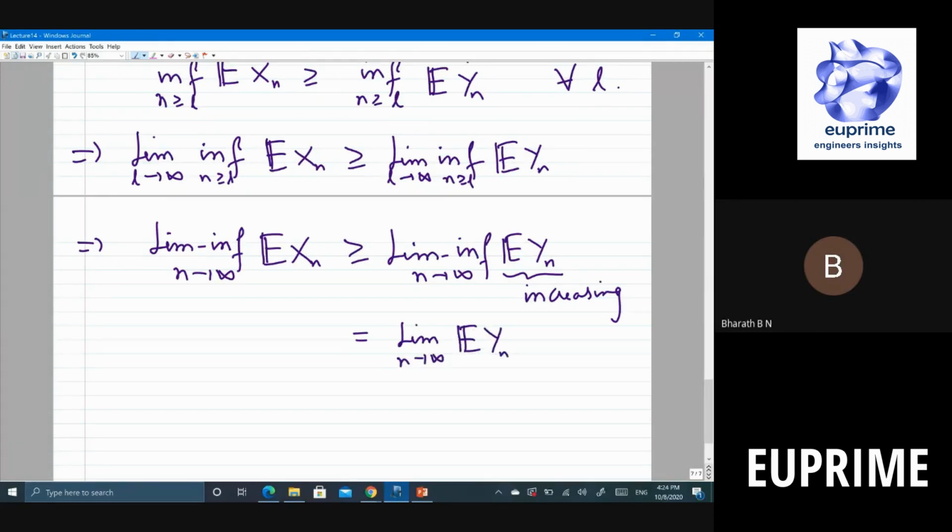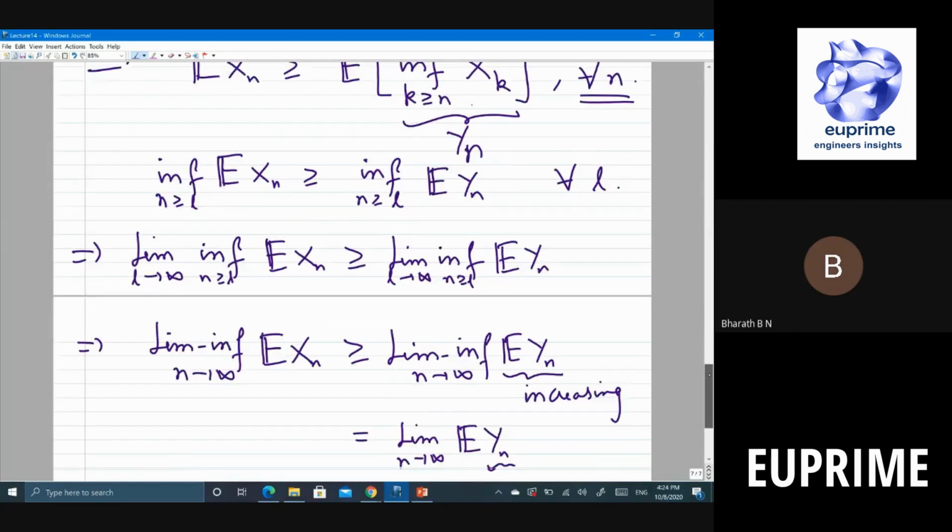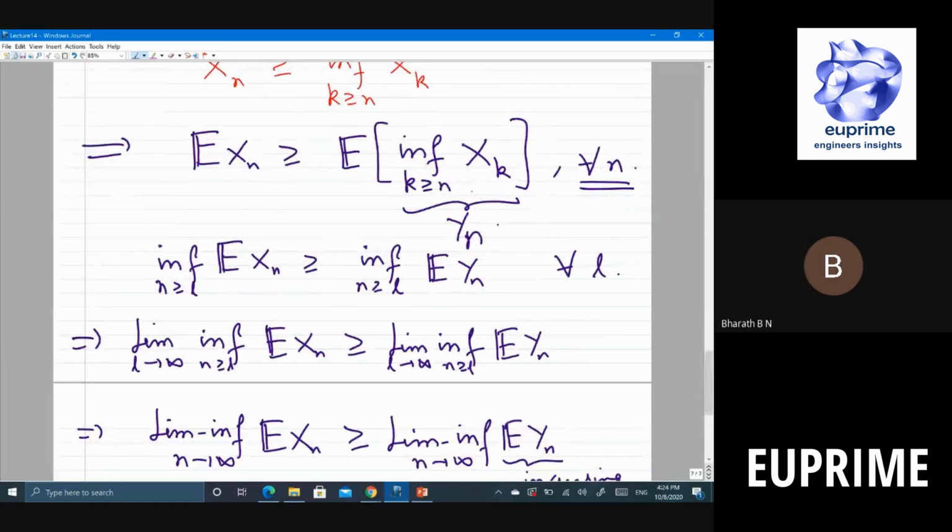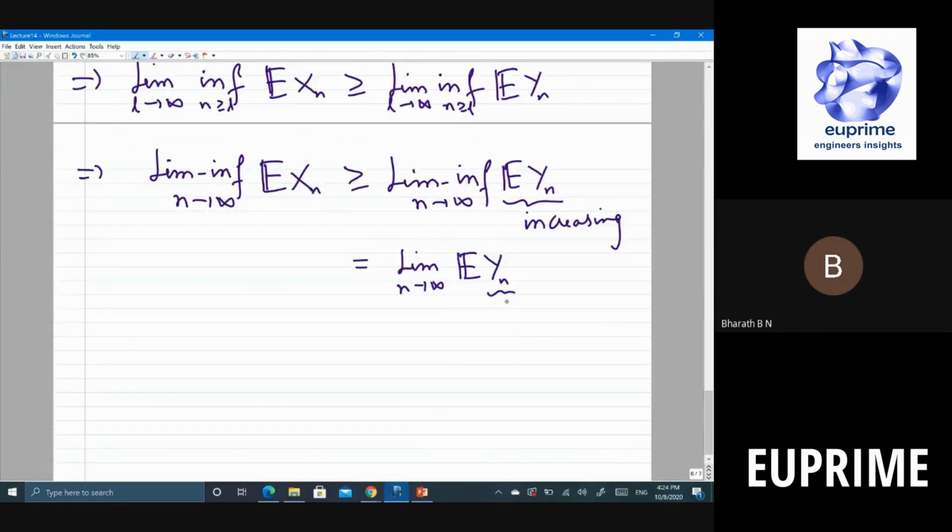Check that. So the limit of an increasing function always exists. But what is this? If you look at yn, yn is increasing. It's non-negative and it is increasing.